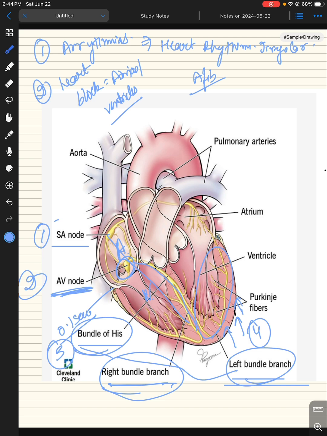Then we have your PVC. What is PVC? That is premature ventricular contractions.